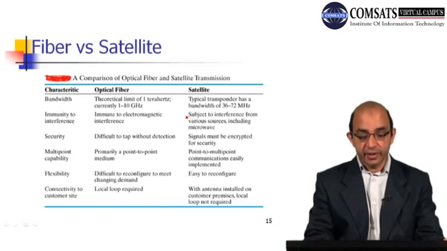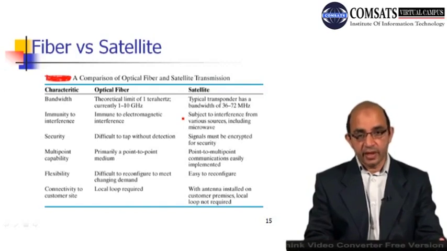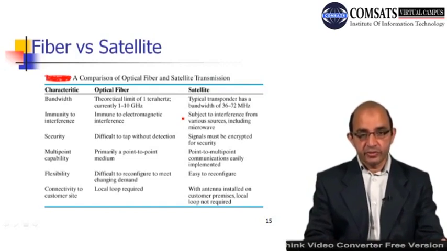For satellite communication, there can be interference from different sources, right? We have already discussed those interferences. First, there can be interference due to rain above a particular frequency, and there can also be interference due to irregular frequency allocation. So the frequency allocation should be followed by certain rules.